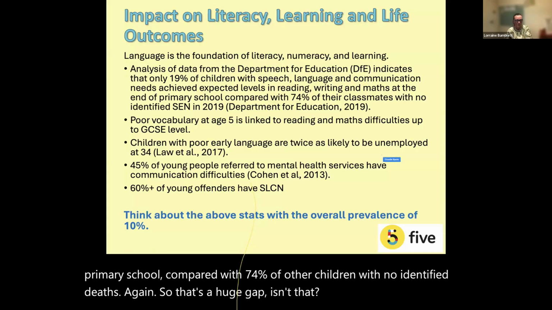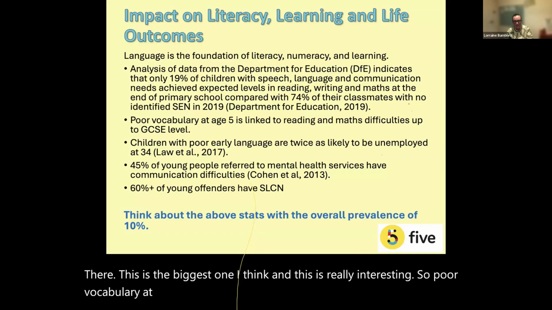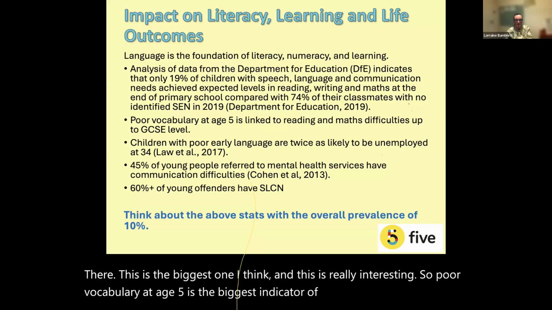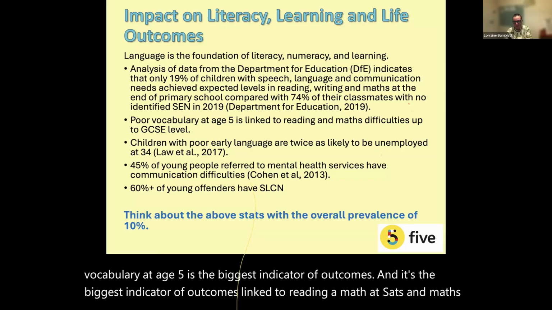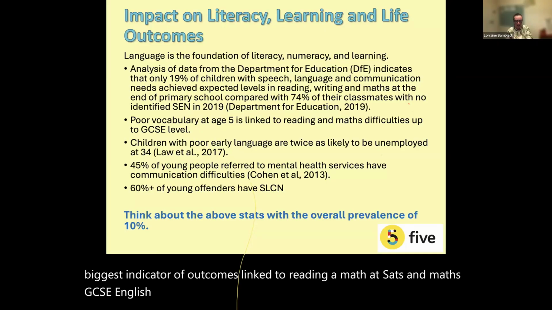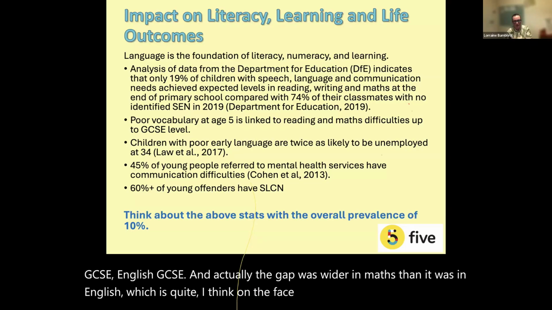This is the biggest one, I think, and this is really interesting. Poor vocabulary at age 5 is the biggest indicator of outcomes linked to reading and maths at SATs, and maths GCSE, English GCSE. And actually the gap was wider in maths than in English, which on the face of it feels quite surprising.